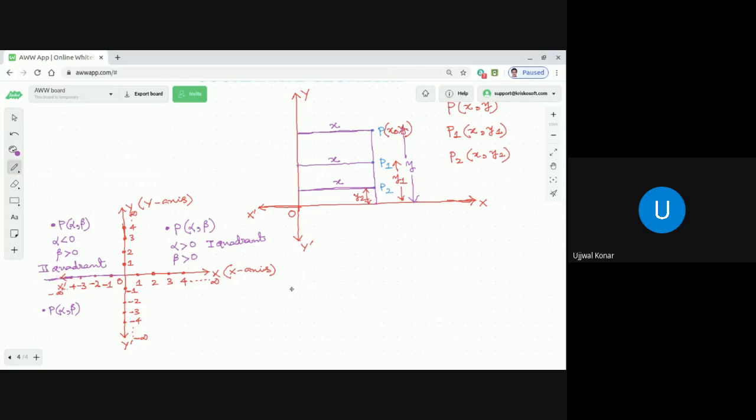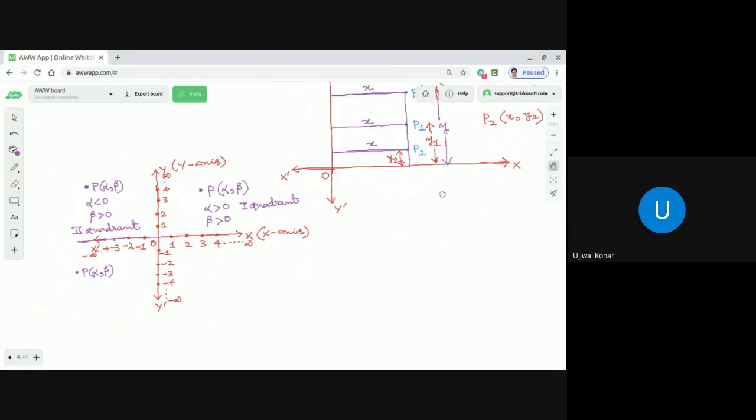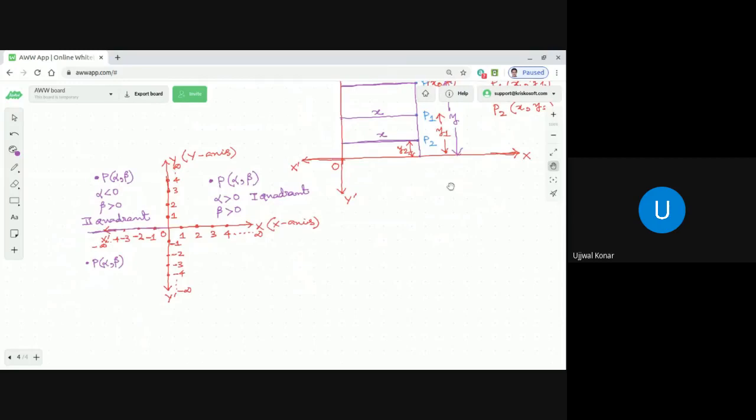So now if we come to the third quadrant, what is the third quadrant? You know, dear students, the third quadrant is where both x is negative and y is negative. So if you take a point here, what do we get? We get alpha is less than 0 and beta is less than 0. Correct now? And this is known as the third quadrant.